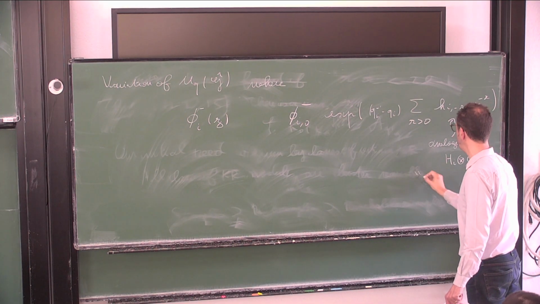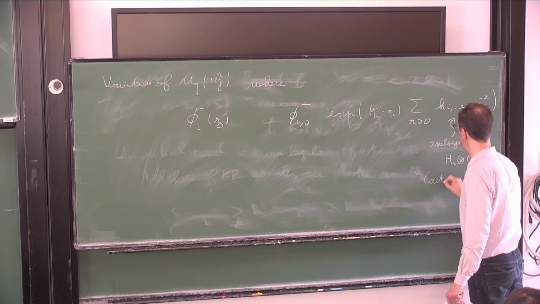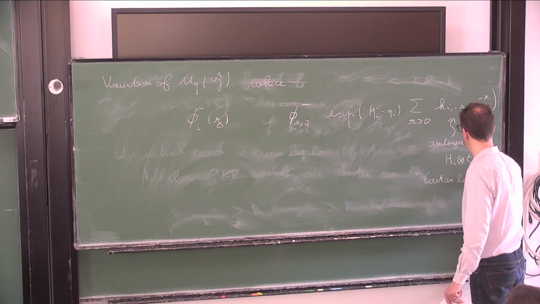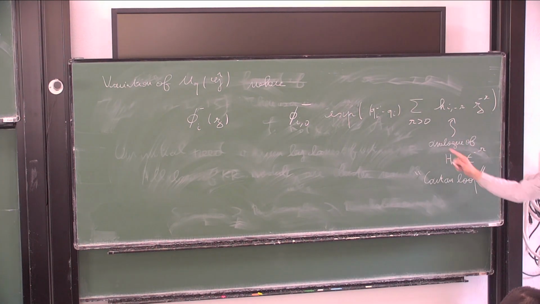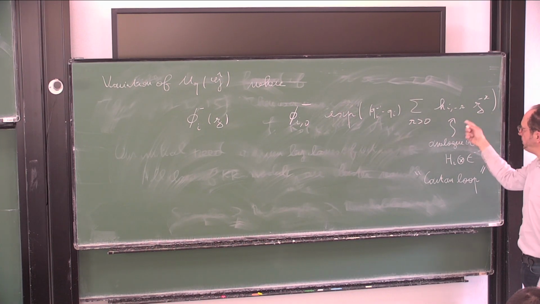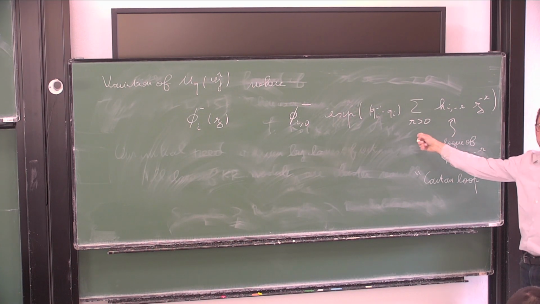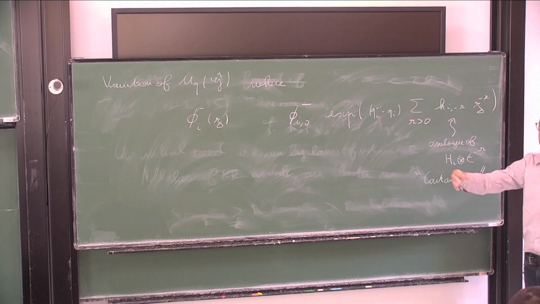So it's a Cartan loop. It sits inside the quantum affine algebra, and it's a formal power series. It's quite important because it's used to define the q-character, for example.